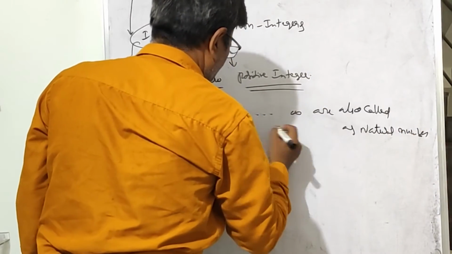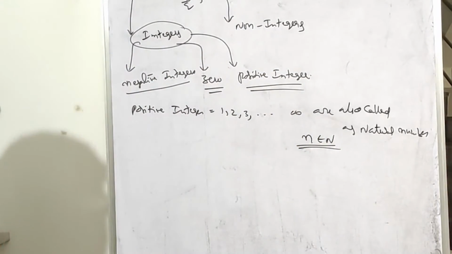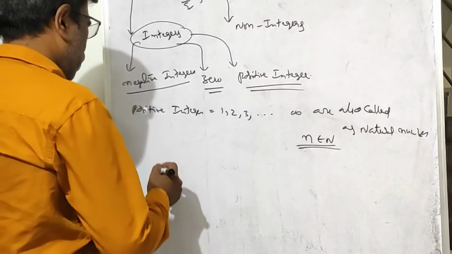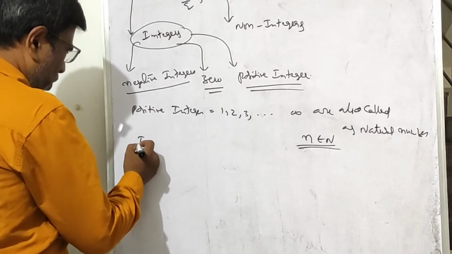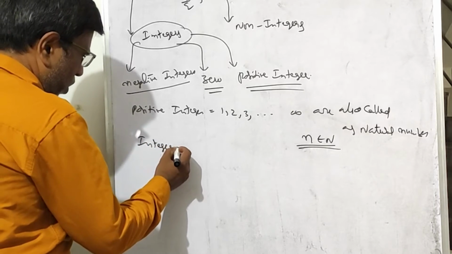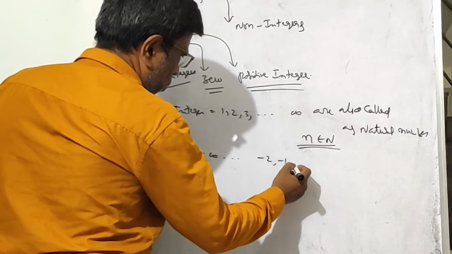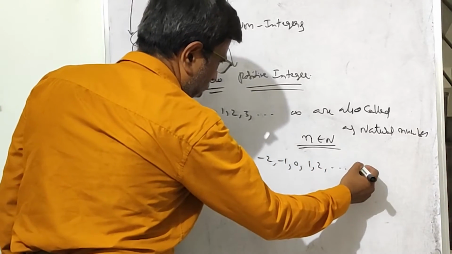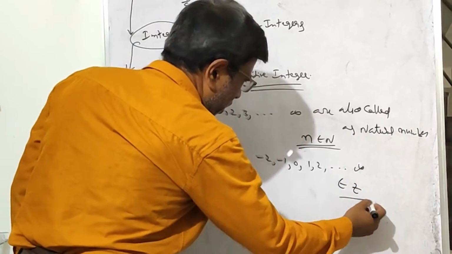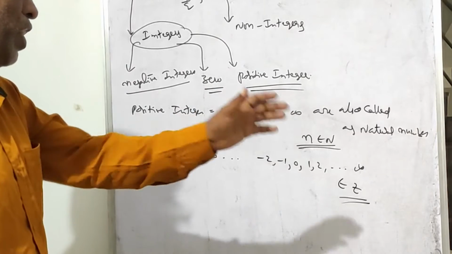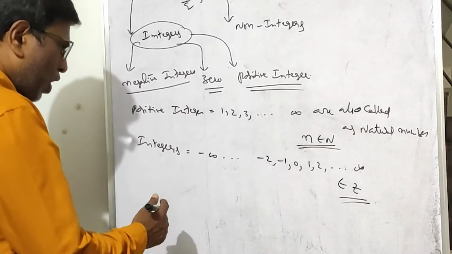Natural numbers are denoted by capital N, n belongs to N. Integers are minus infinity, minus 2, minus 1, 0, 1, 2 and so on to infinity, and belong to Z. Z means all integral values, either positive, negative, or 0.